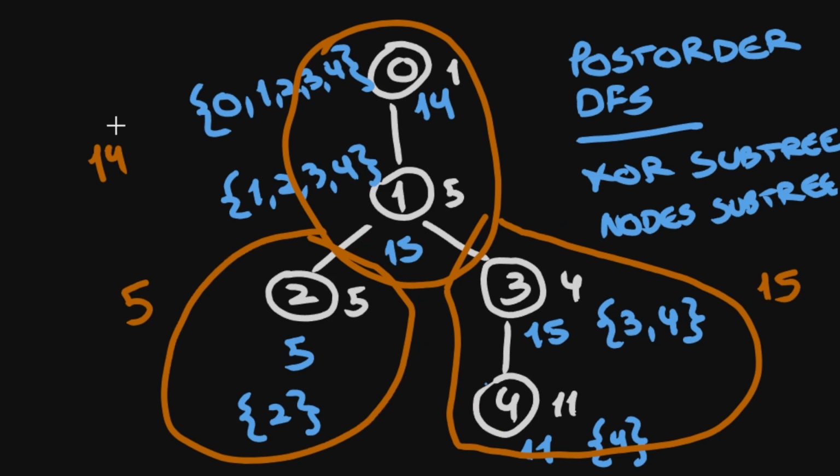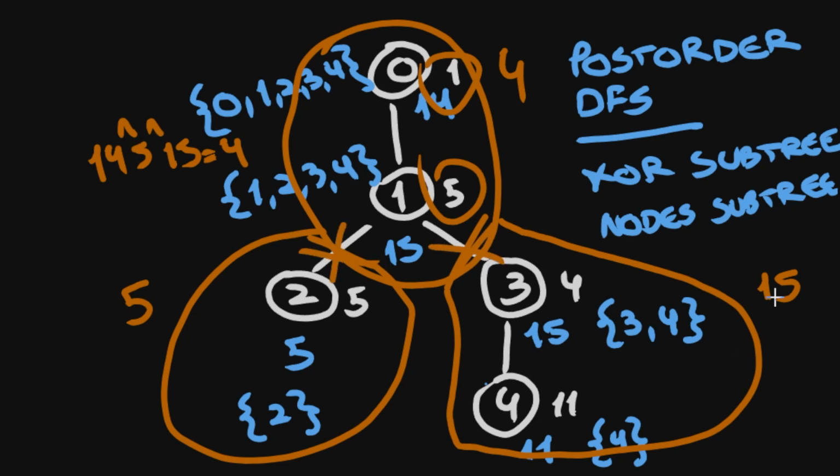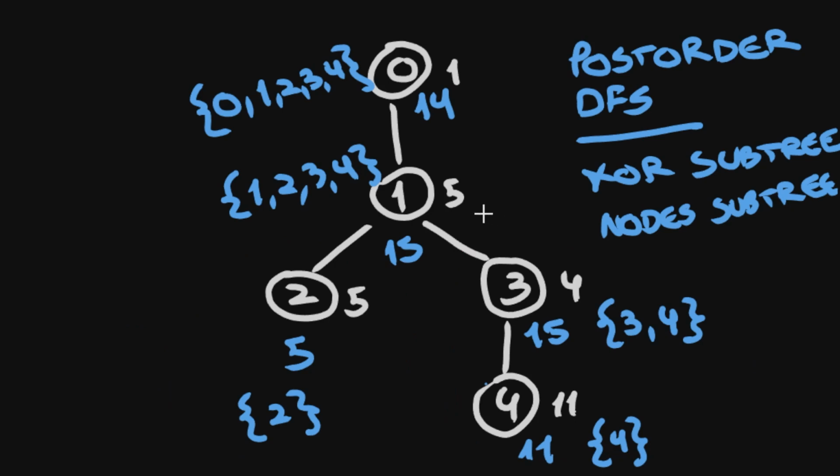So we do 14 XOR 5 XOR 15. The result for this is 4, and this makes sense because 5 XOR 1 is 4. The maximum value here is 15, the minimum value is 4. 15 minus 4 is 11. So the score for removing these and these edges is 11. So these are the only two possible scenarios. We can have nested components or components that are not nested.